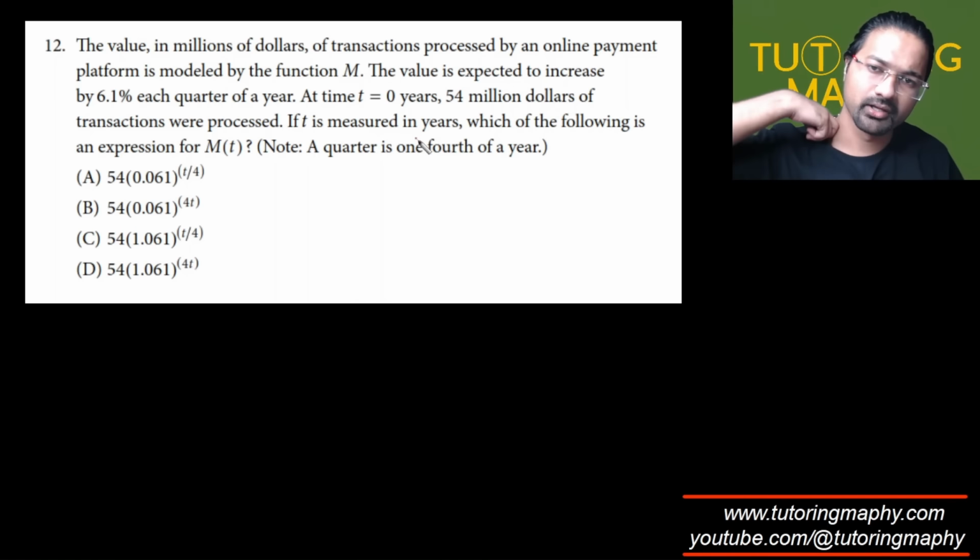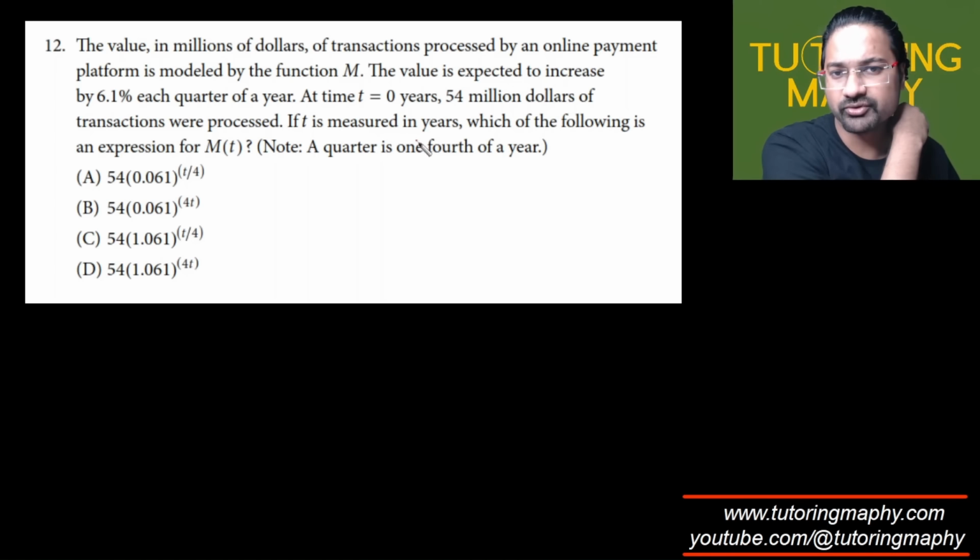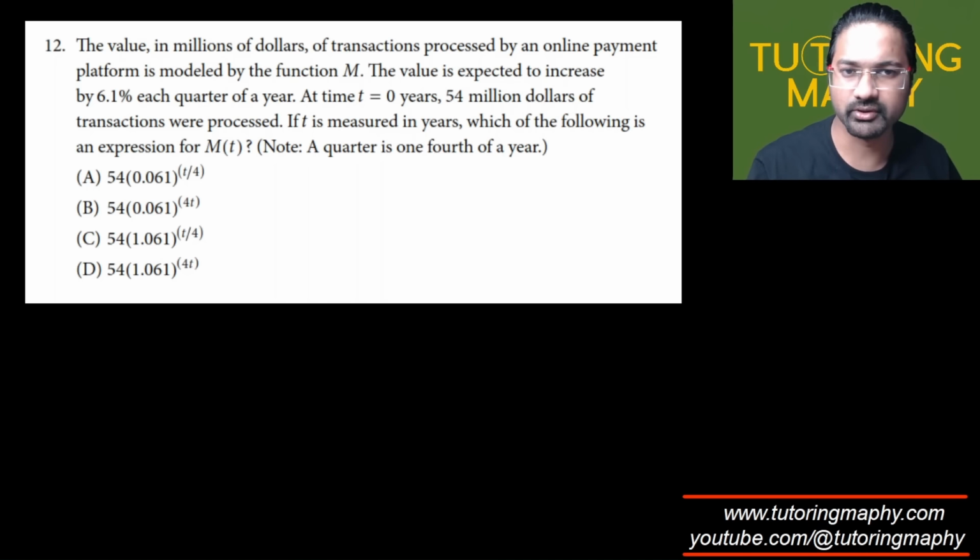At the time t equal to 0, $54 million of transactions were processed. If t is measured in years, which of the following is an expression for M(t)? Basically, at t equal to 0, the processing amount was 54 million, and it increases by 6.1% every quarter. Every quarter, not every year.